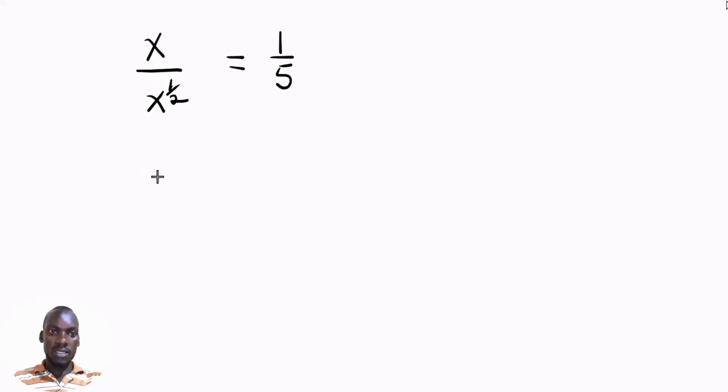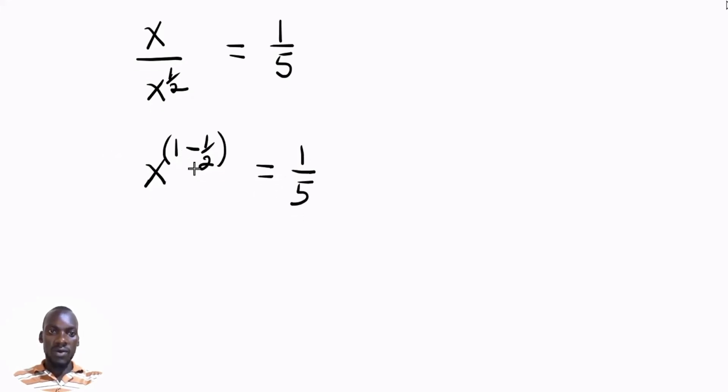Here x has a power of 1, whereas the denominator has a power of a half, so we take away the half, equals 1 divided by 5.